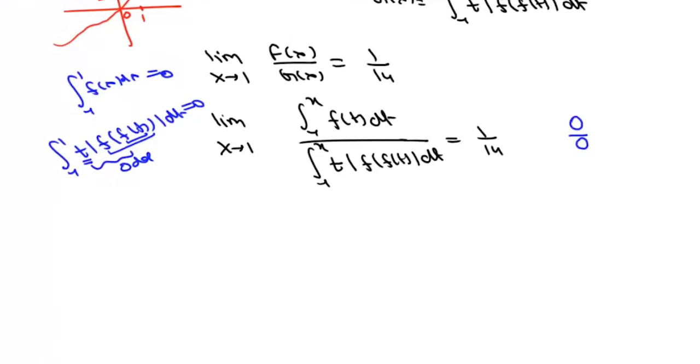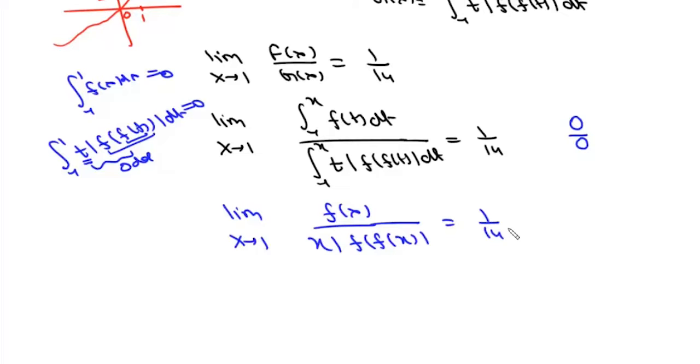So if we differentiate this, we can write this as this limit x tends to 1 f of x, and here will be this x into mod of f of f of x, that is equal to 1 by 14.